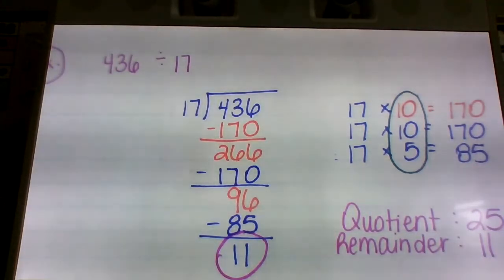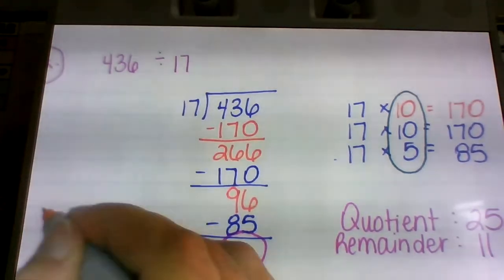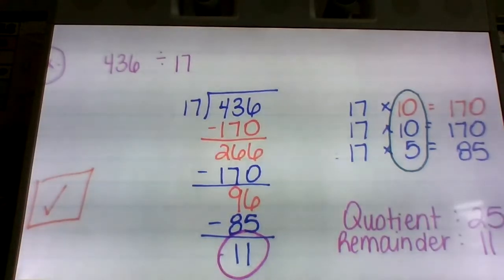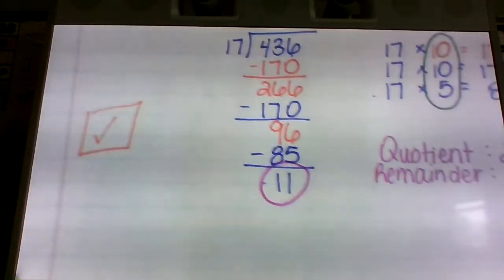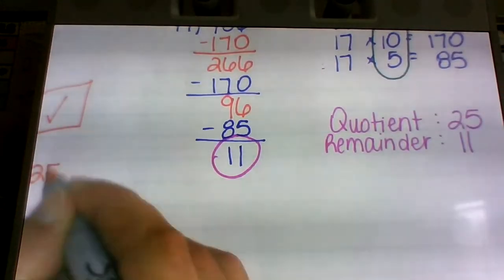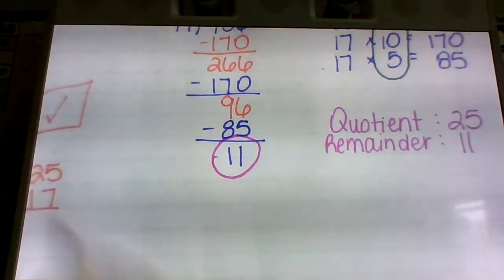But I always suggest to my students to check their division with multiplication. So we will take our quotient, which was 25, and we'll multiply it by the divisor.